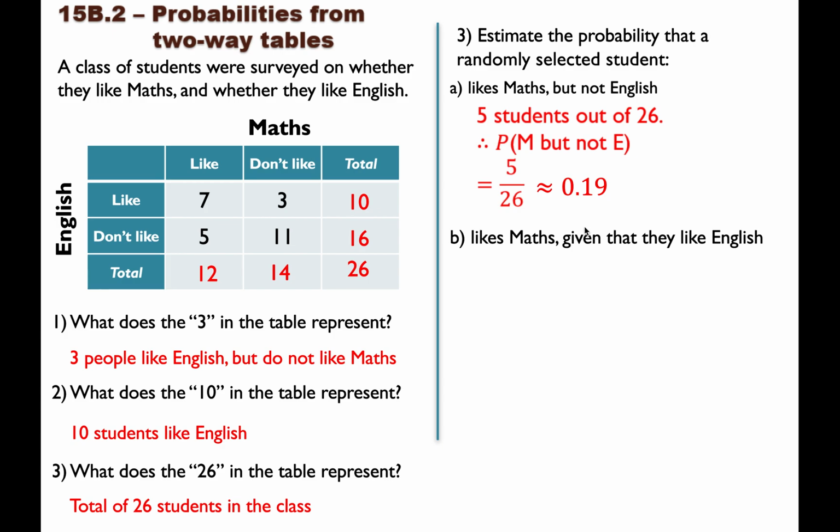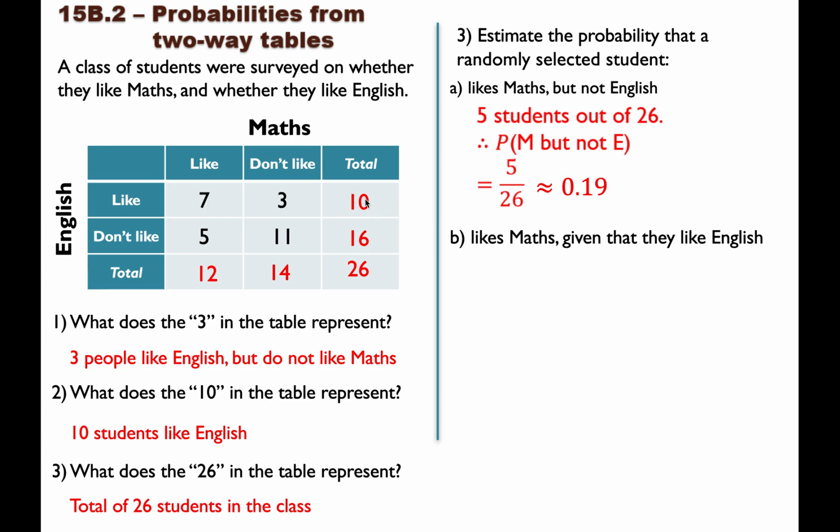What about the probability that a student likes maths given that they like English? This is a different kind of question. So this says, out of the students that like English, so I'm not picking a random student from the whole class, I'm just picking a student out of these 10 students that like English. If I randomly pick one of them, how many of those 10 students like maths?